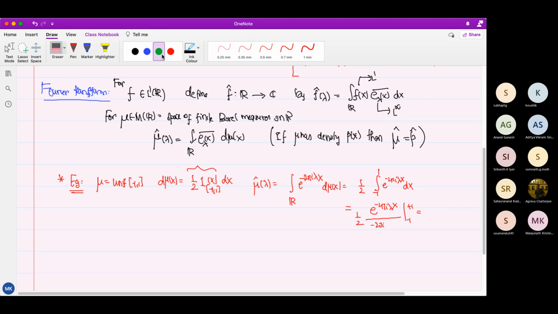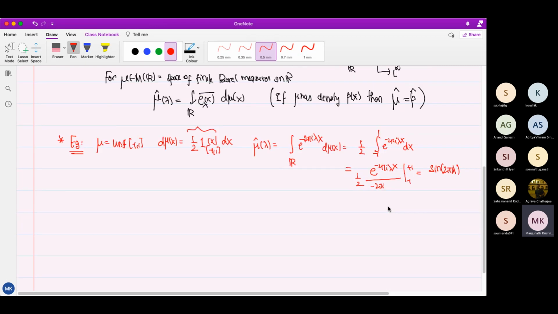here sine of 2 pi lambda, because you get e to the 2 pi i lambda minus e to the minus 2 pi i lambda.